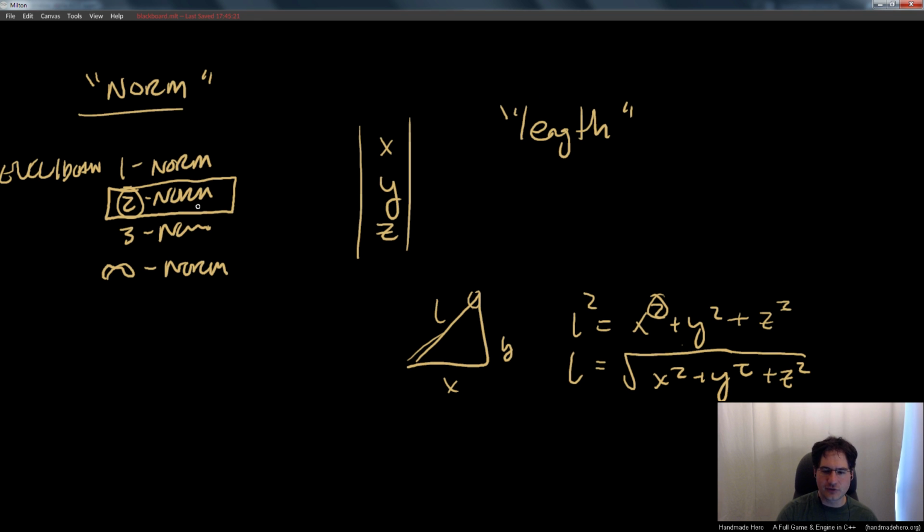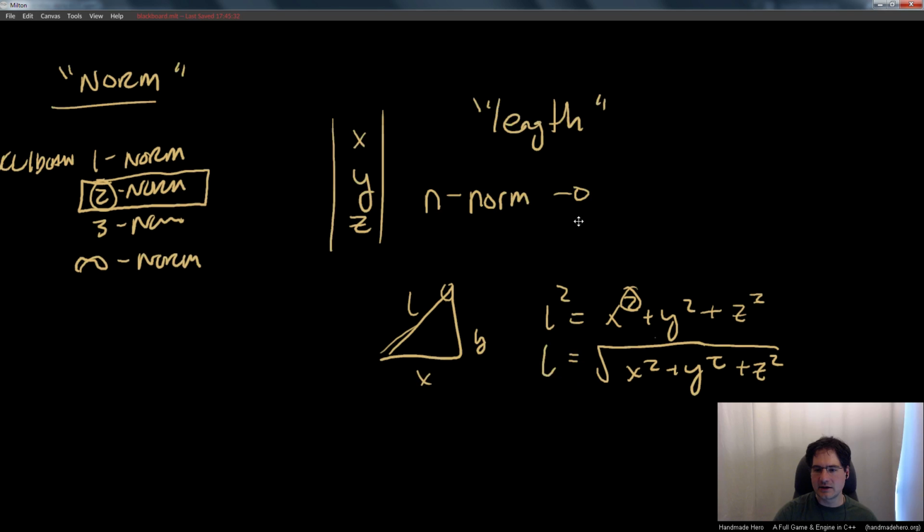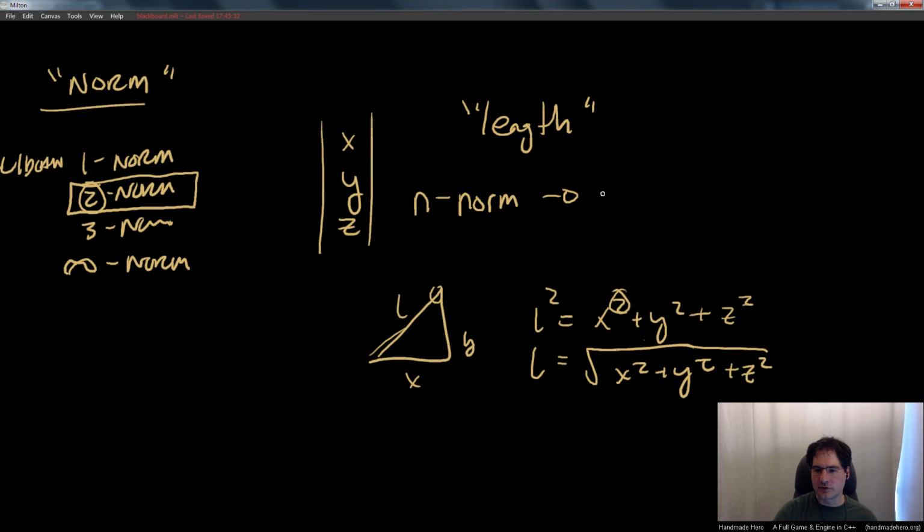Because the definition for a norm, generally speaking, is that when we say the n norm, what we mean is that it equals the nth root of the components raised to that power, right? So the 2 norm is the square root of x squared plus y squared.